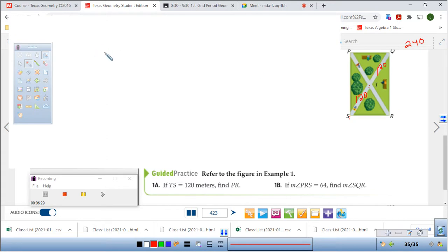So SQ is equal to ST plus TQ. This ST was given to us at 120, plus another 120. So SQ, the whole diagonal, is equal to 240.